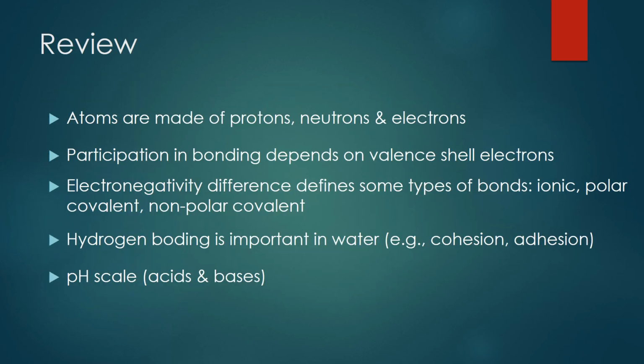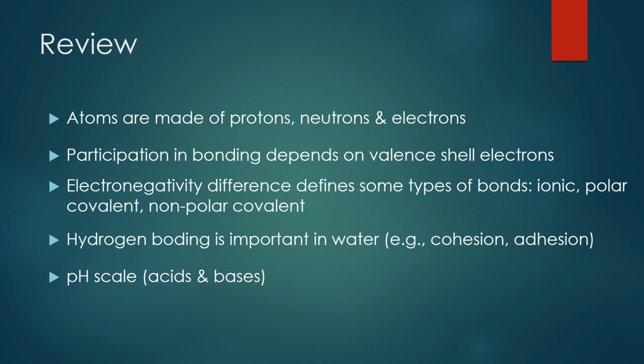To review, what you learned in this lesson is that atoms are made up of protons, neutrons, and electrons. The participation in bonding of any two atoms depends on the electron arrangement in their valence shells. Electronegativity differences between two atoms define some types of bonds: the ionic, polar covalent, and nonpolar covalent types of bonds.